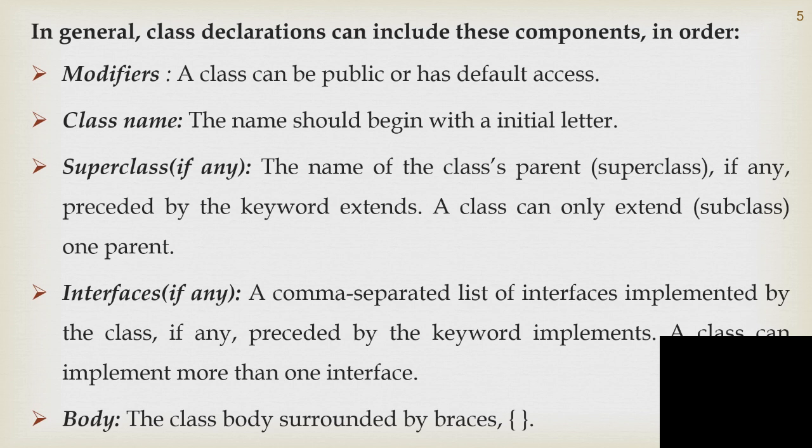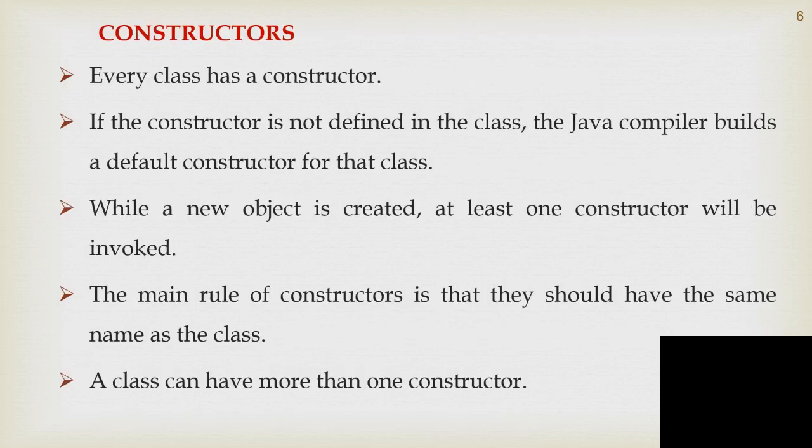Then if you need, you can use a super class or mention interfaces. If you want to mention the super class or inheritance, you have to use the extends keyword, or if you want to use interfaces, you have to use the implements keyword. Then within the braces you have to write the body content of that particular class.